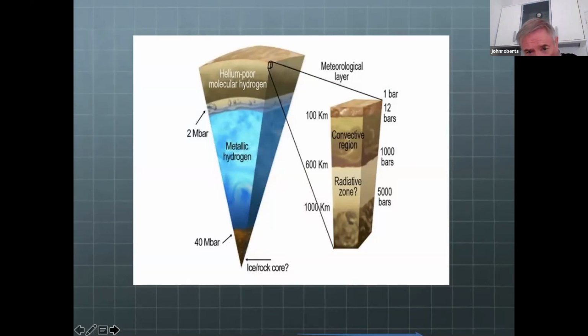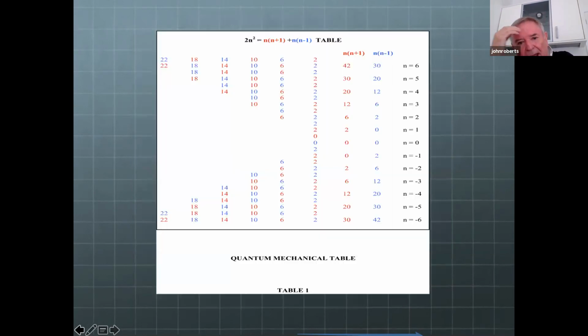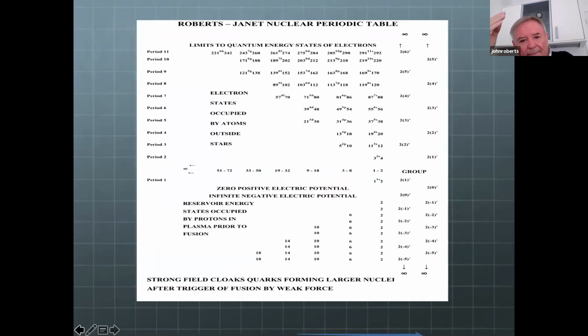These are the transition states within the core itself, and that explains why Jupiter and possibly other planets have magnetic fields. Okay, if we can go back further, and again. Okay, that's all, thank you.